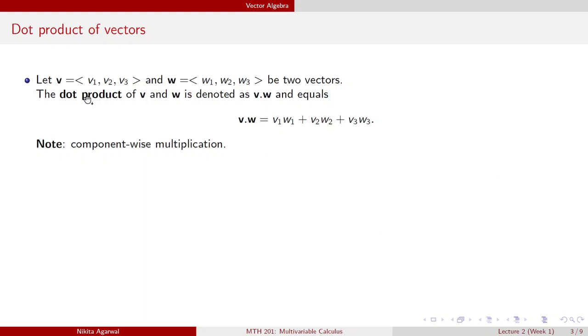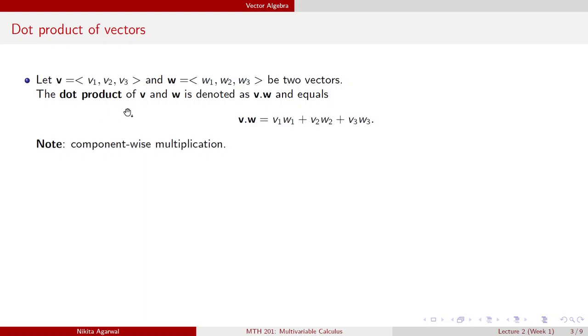So let V be equal to ⟨V1, V2, V3⟩ and W be equal to ⟨W1, W2, W3⟩ be two vectors. Remember last time I told you that we are going to use triangular brackets to denote vectors, right?